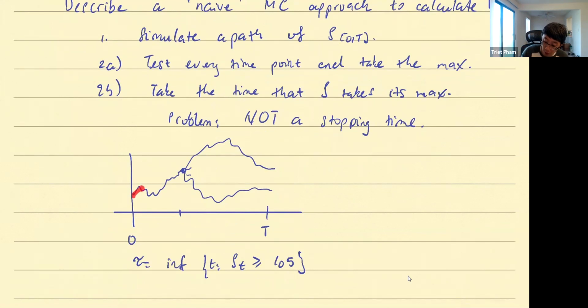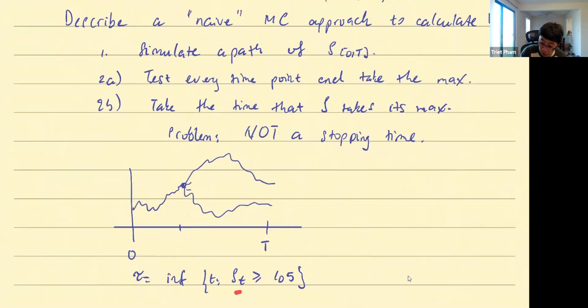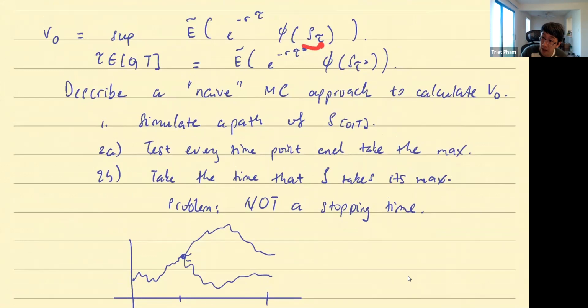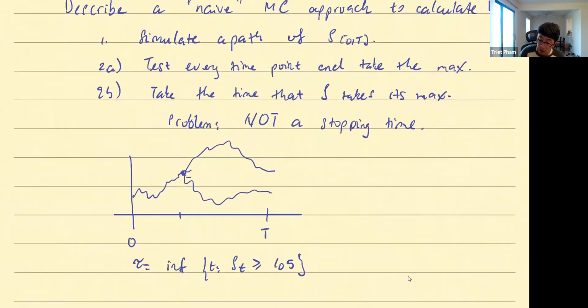For all the paths like this, I have to look at the time that it crosses 105, which is different for different paths. Do you agree? And then I have to evaluate those at that time, and then discount back and take expectation. Do you understand what I'm talking about? Now, how many times like that can you take?